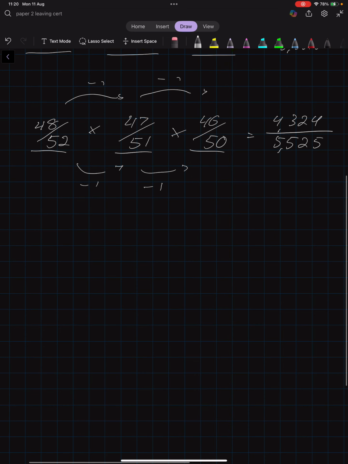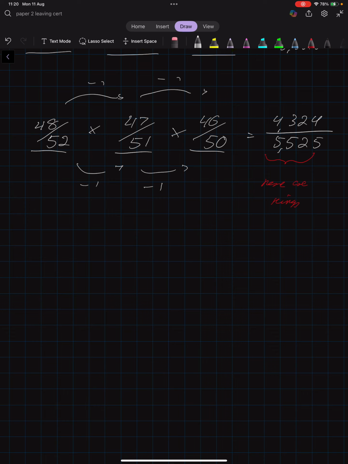Now, the very last one says, at least 1 is a king. Okay, so now think about this. What did we just calculate? This is the probability that none are kings. Now you're being asked, what's the chance that at least one is a king? If at least one, that means either one is a king, two are kings, or three are kings.